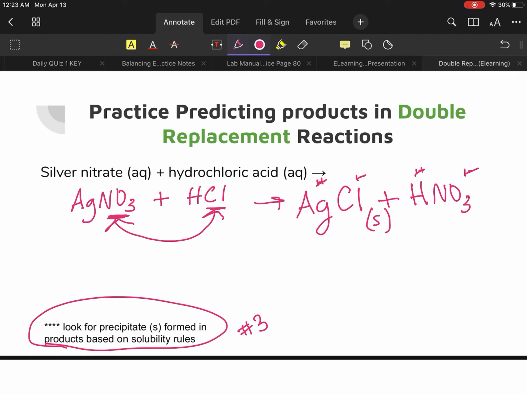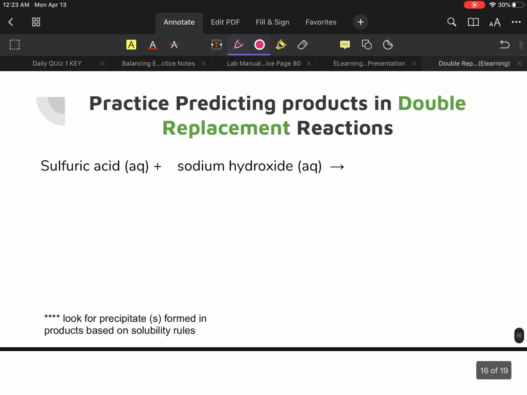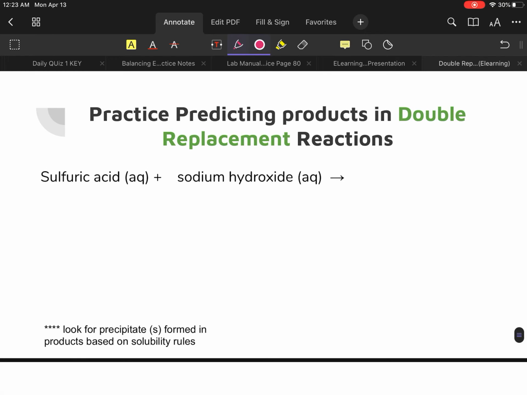And rule number 2 tells me my nitrate is aqueous. So it might be a good idea to pause here if you want, and try this one by yourself and check your answer.